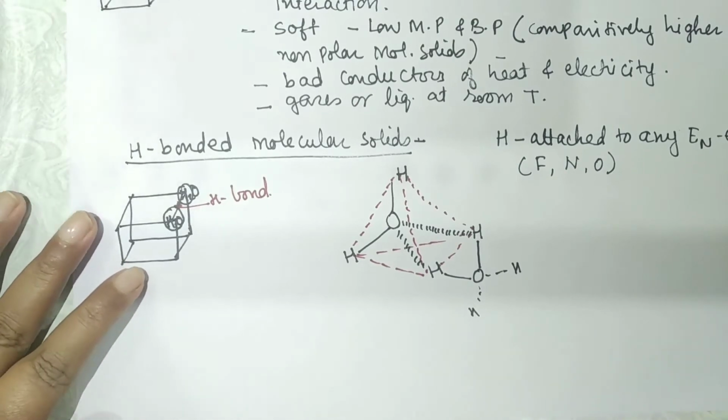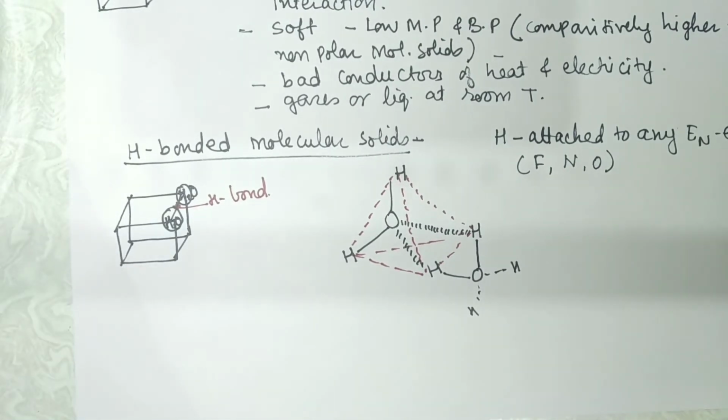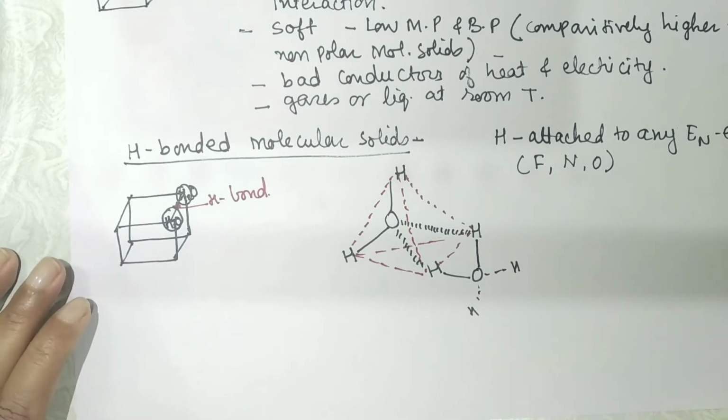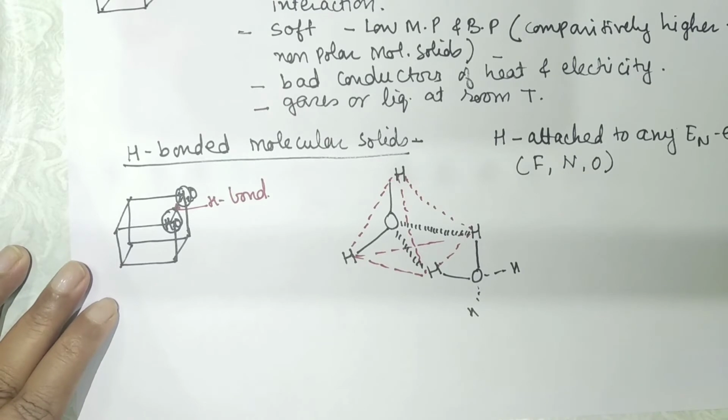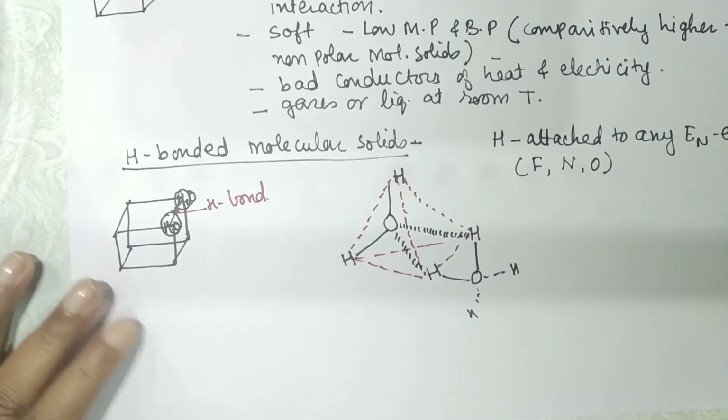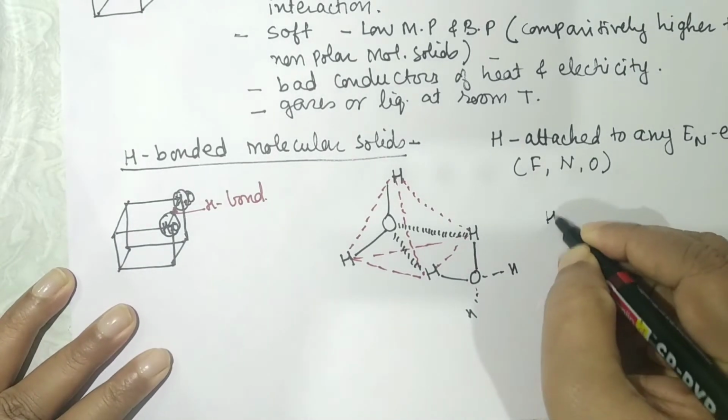Now the structure is tetrahedral, but it's very important to note that according to X-ray studies, the structure of solid ice is almost identical to that of liquid water. Intermolecular hydrogen bondings present in ice form a hexagonal three-dimensional structure.